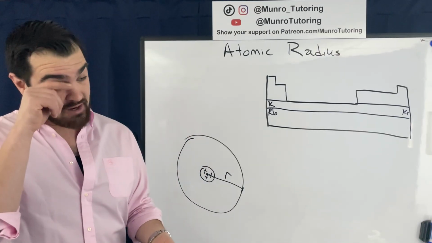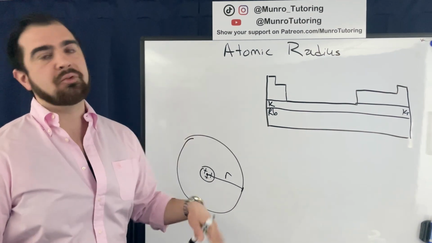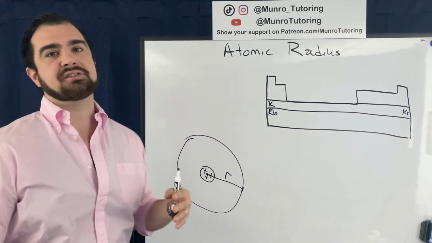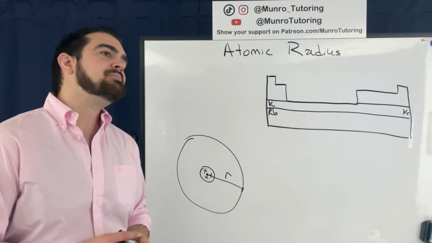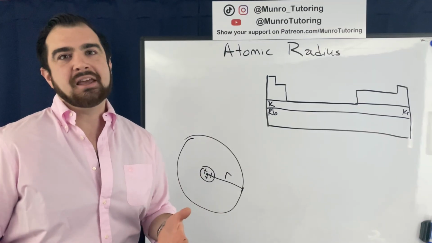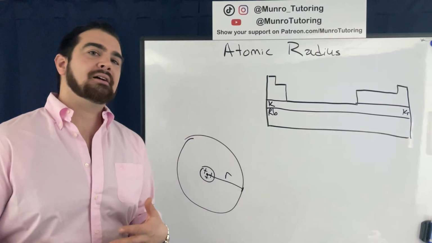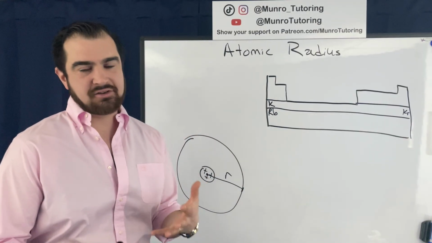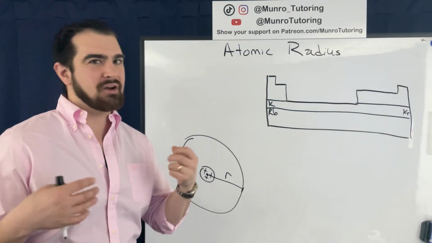So if we look at the periodic table, we want to figure out when we go down a group or to the right or to the left across a period, which way do the atoms get bigger and smaller? So let's start with the easy one. If we go down a group, we are adding protons and neutrons to the nucleus of each element and more electrons in more energy levels.